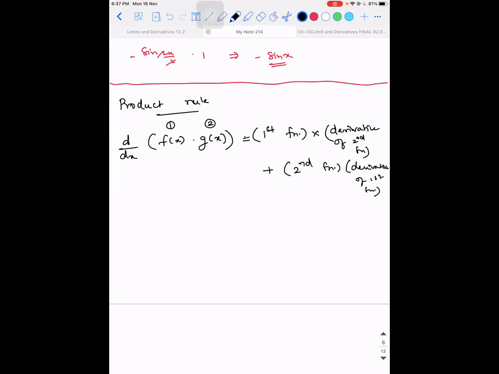So that's the answer. So from this I can write: first function into the derivative of second function, that is d by dx of g of x, plus second function into derivative of first function.